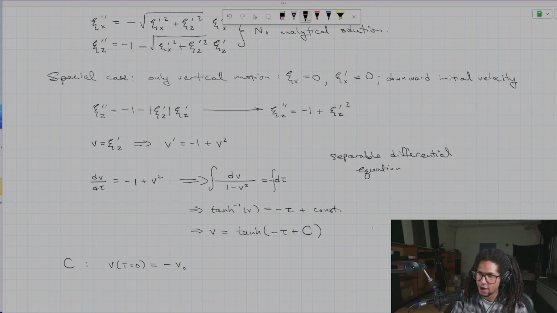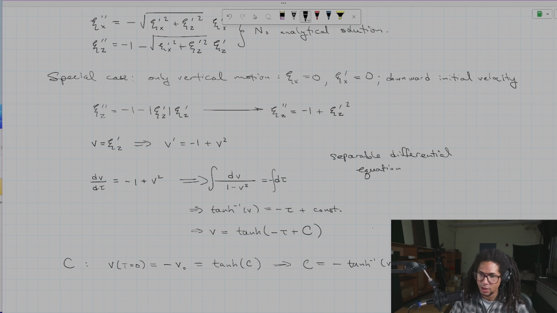Remember, this is non-dimensional speed, so it's a little weird, but that's okay. Okay, so now I can go ahead and stick that in. This implies that tangent of c is equal to minus v naught. And that allows me to solve for c quite easily. This means that c is equal to minus hyperbolic tangent inverse of v naught. The minus sign is allowed to go right through the hyperbolic tangent inverse function because hyperbolic tangent inverse is an odd function.